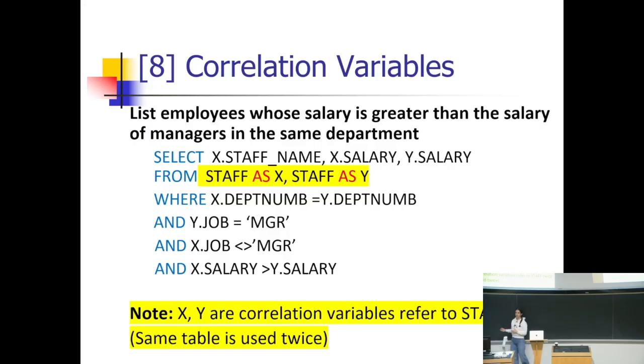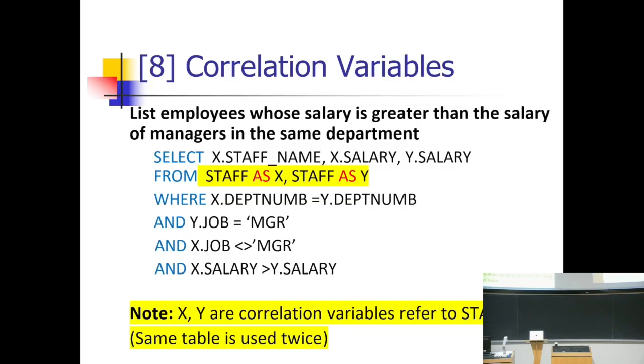Staff in your staff table had different job roles. Some of them were managers, some of them were not. So we want to compare the salary of employees who are not managers with the ones that are managers, and only list those that have higher salary than the managers in the same department. So this is the typical case of a self-join.